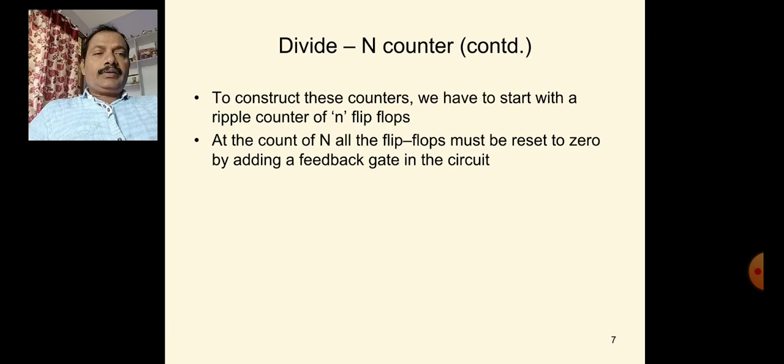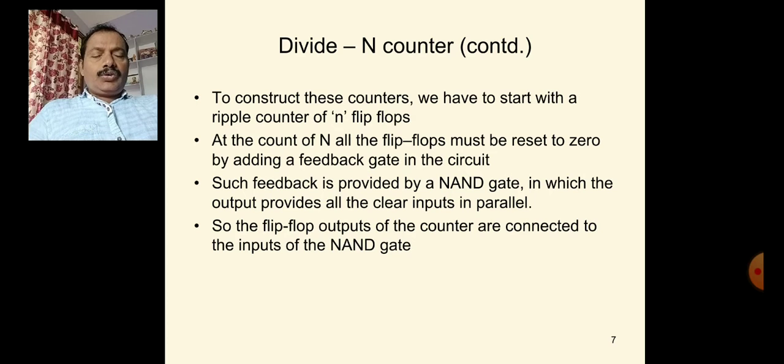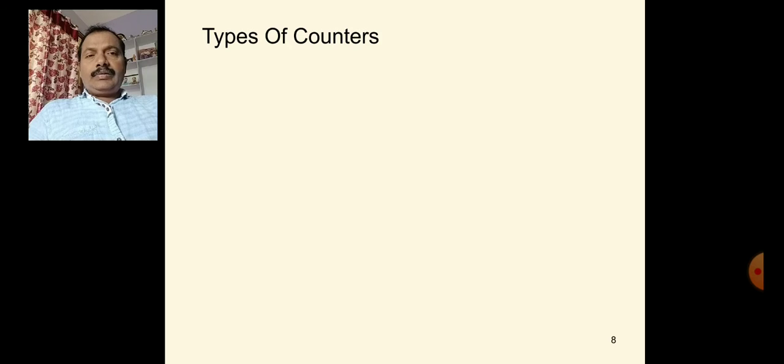At the count of n, all the flip-flops must be reset to 0 by adding a feedback gate in the circuit. Such feedback gate is provided by an AND gate or NAND gate, in which the output provides all the clear inputs in parallel. So the flip-flop outputs of the counter are connected to the inputs of the NAND gate. So divide by n and modulus n, these names are very clear to you, I hope.